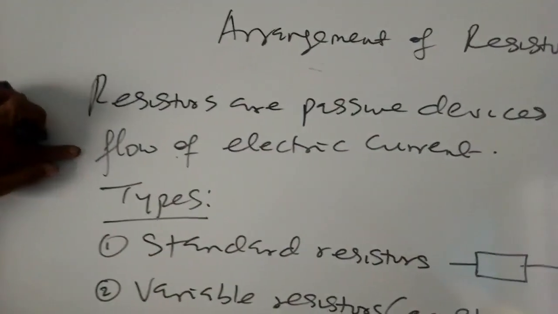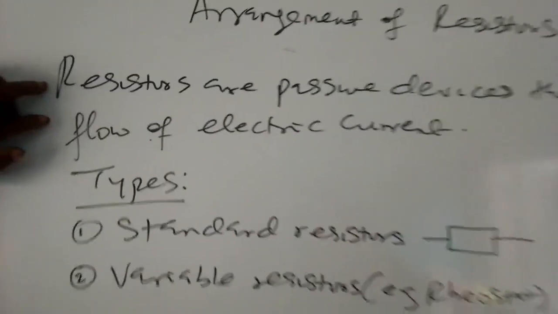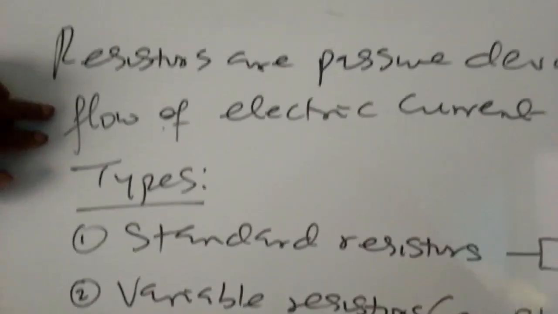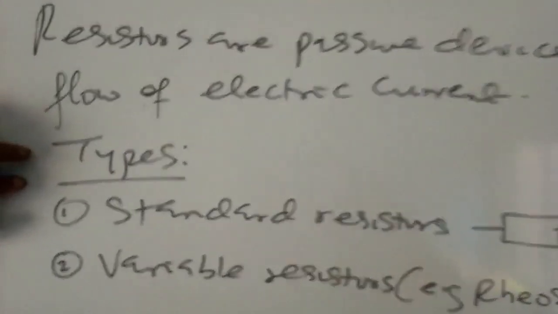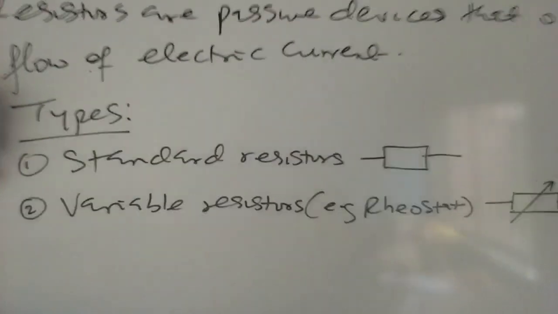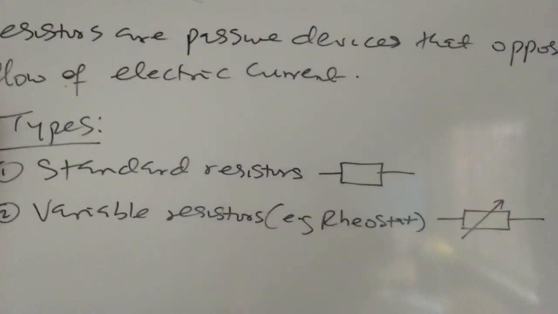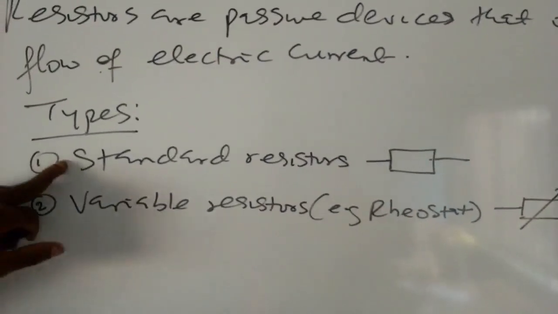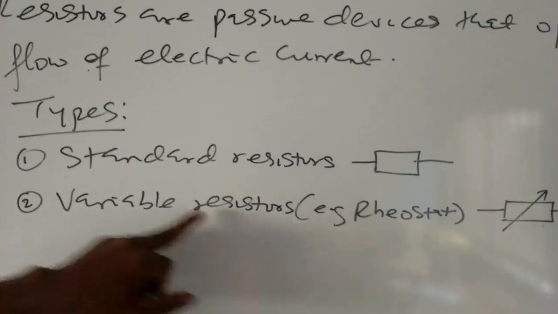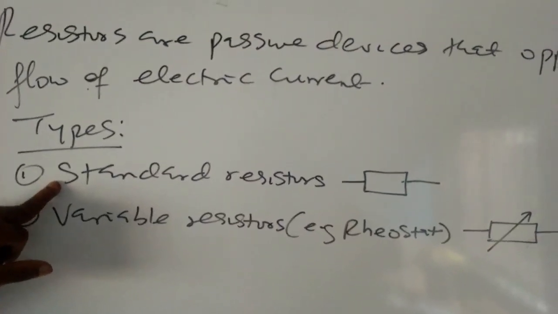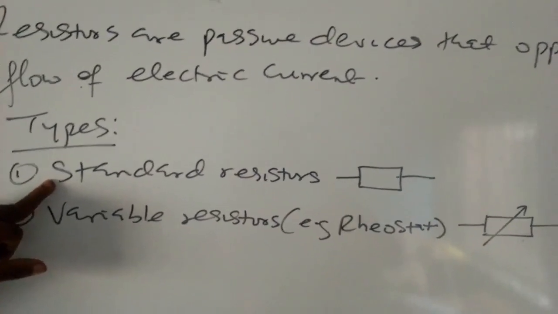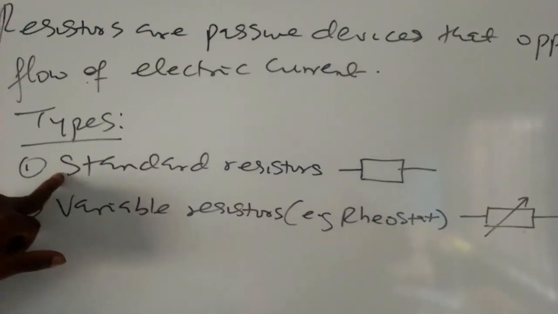Every resistor has a quantity called resistance, measured in ohms. There are different types of resistors, but the two major types in physics are standard resistors and variable resistors. A standard resistor is a resistor that has a fixed or constant resistance.